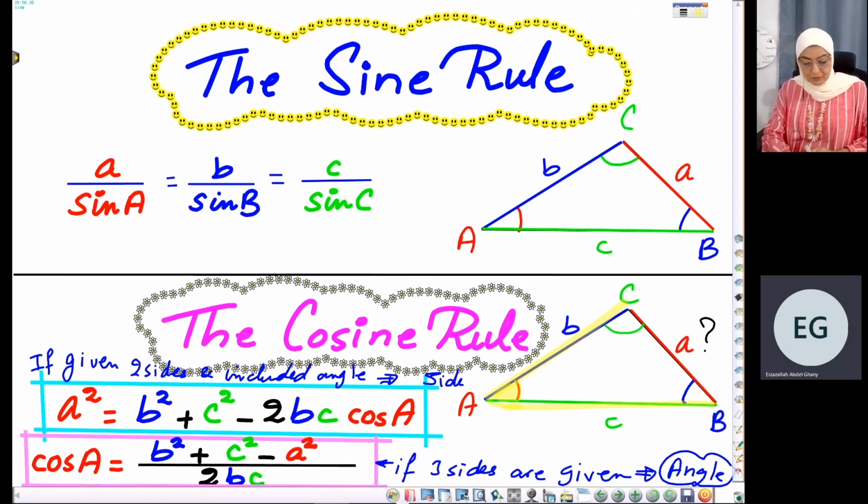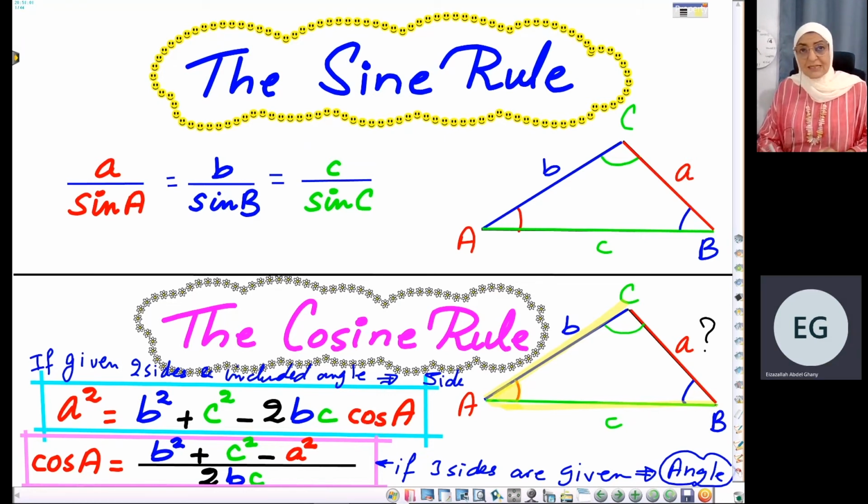It should be power 2, power 2, power 2, big 2. Here plus and minus. And all of them, you start as if it's a Pythagoras theorem. But it's not Pythagoras, no right angles. A squared equals b squared plus c squared. The start of the cosine rule looks like Pythagoras. Then minus twice the sides times cosine the included angle.